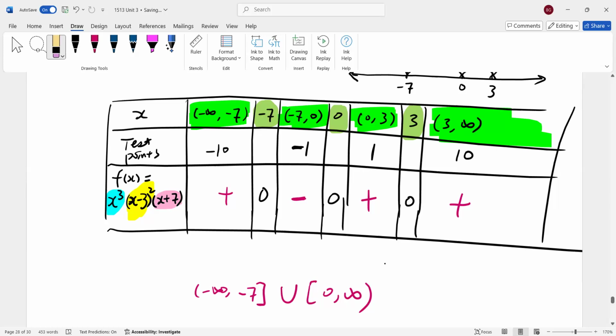Actually, this probably explains it better. The only interval where the function is not bigger than or equal to 0 is that one, -7 to 0. We just need to get rid of that interval. On the rest of the domain, the function is positive or 0. So this is the solution.